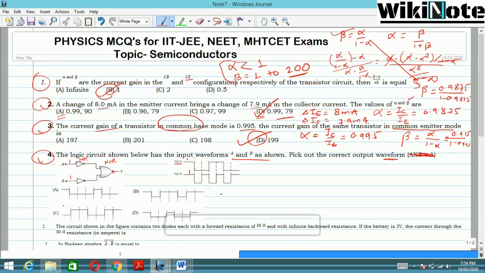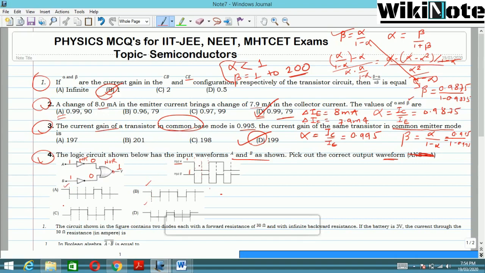So NOT 1, its output is 0, and 0 plus 0 is output 0, but it is a NOR, that's why the output is going to be 1. So for this period of time, 1 into 1, the output should be 1. So options A, B and D are showing this answer. So for the first case I have 3 options. Okay, I will check for the second.